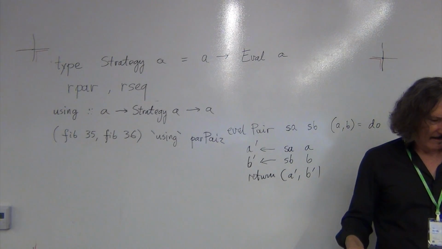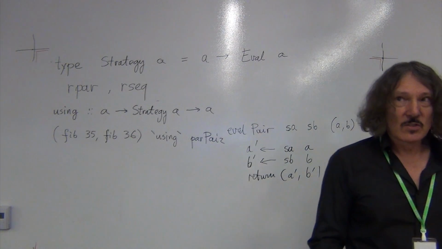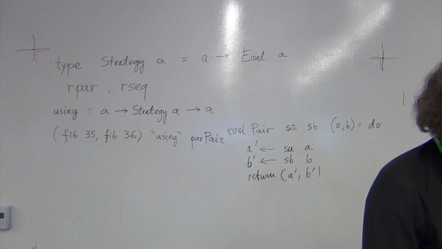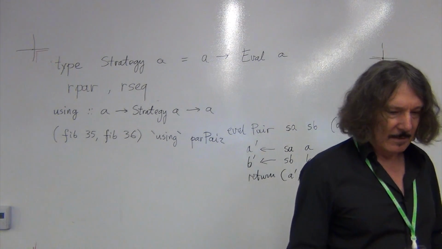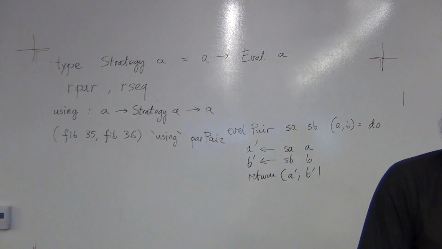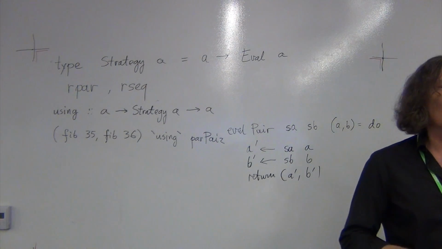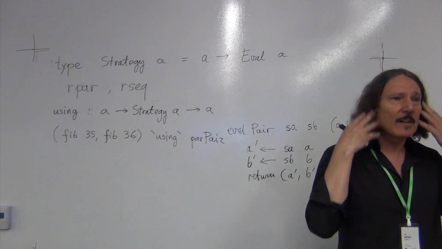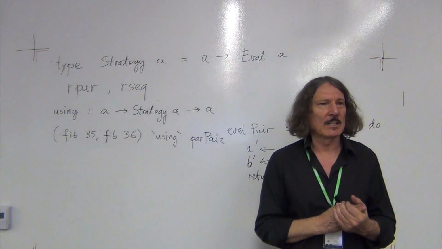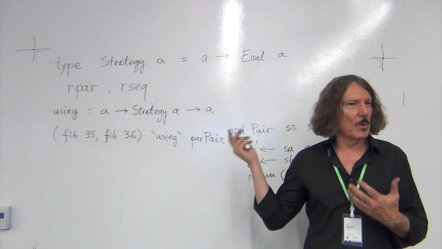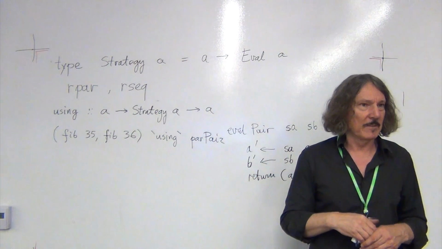Okay. So, do we still have a little time? Maybe I won't talk about the par monad, although it's extremely interesting, but you can just read it in the book. And then there are many different ways of parallelizing, because there are different strategies for parallelizing. So this is the most basic one, when you use the eval monad.